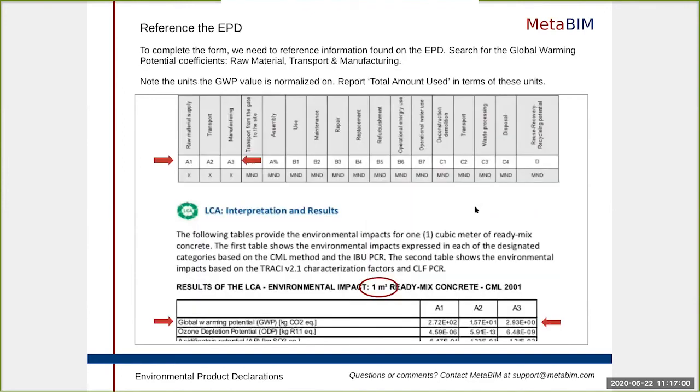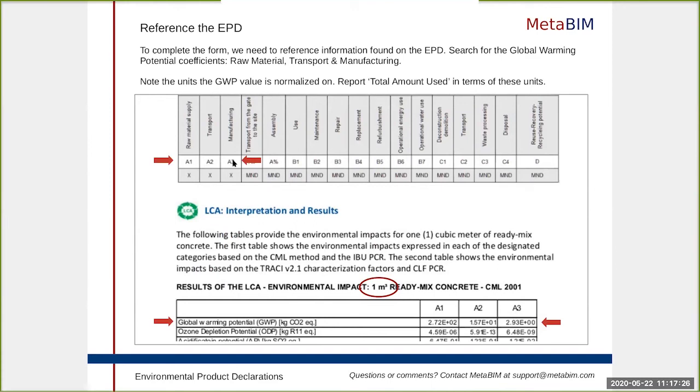The next thing we want to do is come to the EPD itself. We need to reference the environmental product declaration for some of this information. This information about the global warming potential appears in different structures across different EPDs. On this one, we're looking at raw material, transport, and manufacturing, A1, A2, and A3.